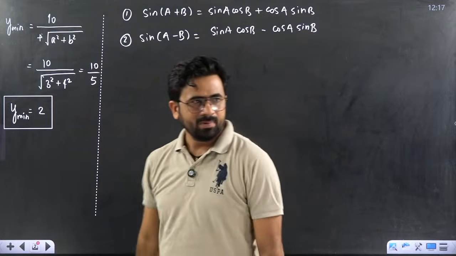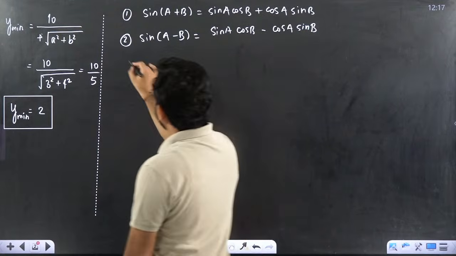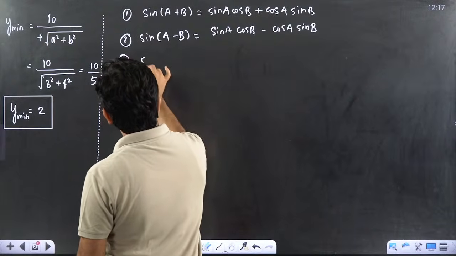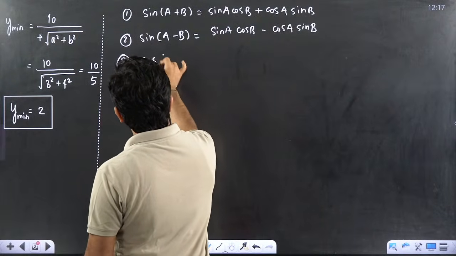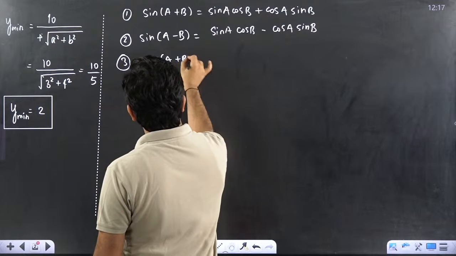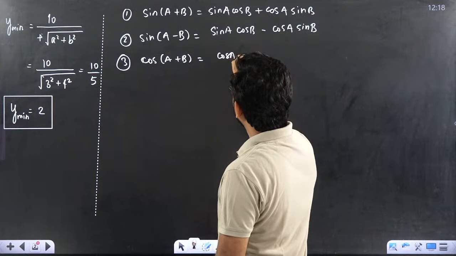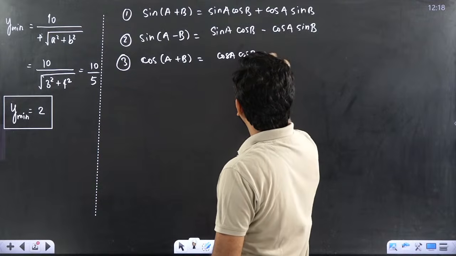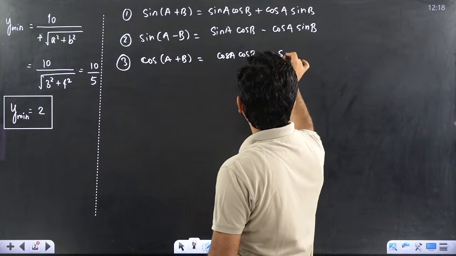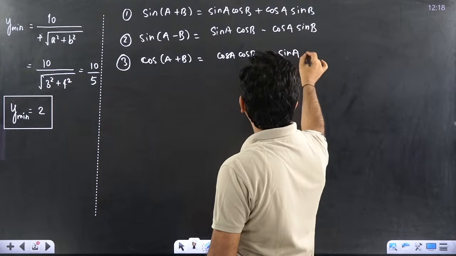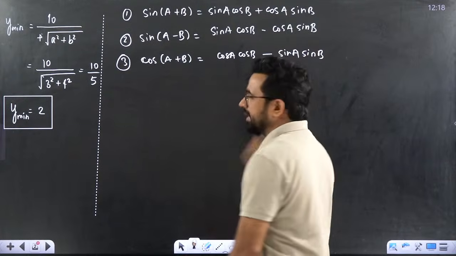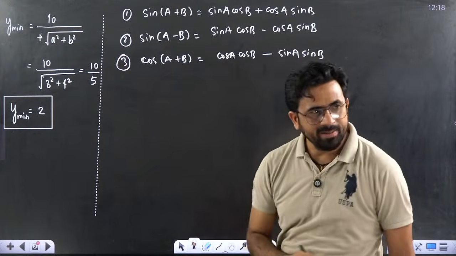Next, the third one, cos of A plus B formula. Cos of A plus B would be cos A cos B minus sin A sin B. Is this clear or not clear?